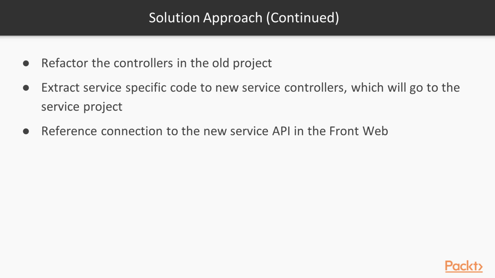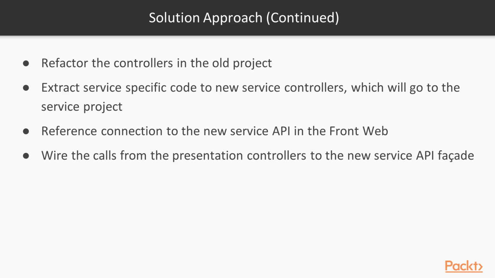We'll reference the connection to the new service API in the front web. Essentially, this is done via some helpers we created, which mainly use HTTP client. And at the end, we'll wire the calls and the presentation controllers to the new service API facade. Let's see all that in the code.